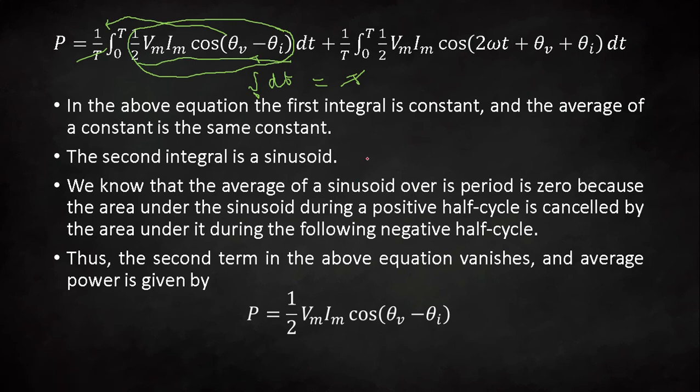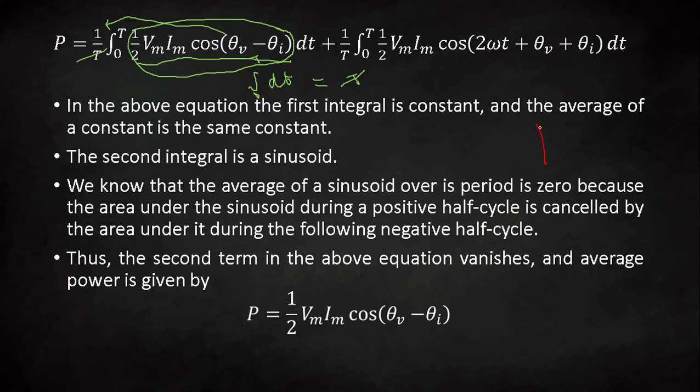Now if we take the integration of the second part, you can see this is a time varying quantity, because here it is 2 omega t, and the second integral is a sinusoidal, and we know that the average of a sinusoidal over its period is 0, because the area under the sinusoidal during the positive half cycle is cancelled out by the negative half cycle.